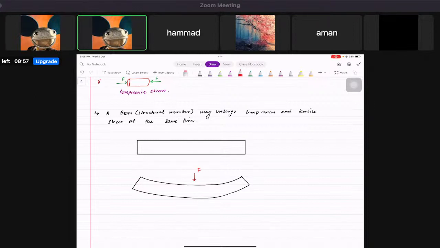So what happens is that on the top side, the particles are basically forced inwards like this, and that's where the compression occurs. Whereas on the outer side, the particles are pushed outwards, and that's where tension occurs. So you got to remember that, okay?